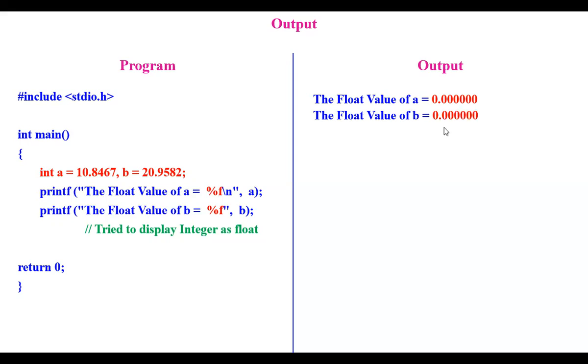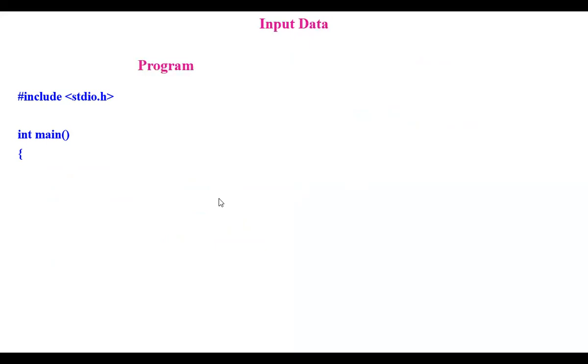Similarly with b also, because an integer is being displayed as a float, it cannot handle it, and that's why we got junk, wrong values. So you must be careful in dealing with the declaration itself and also displaying the values.